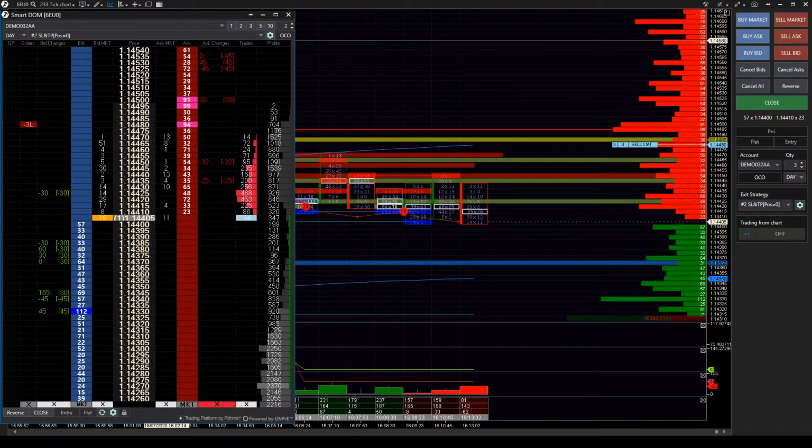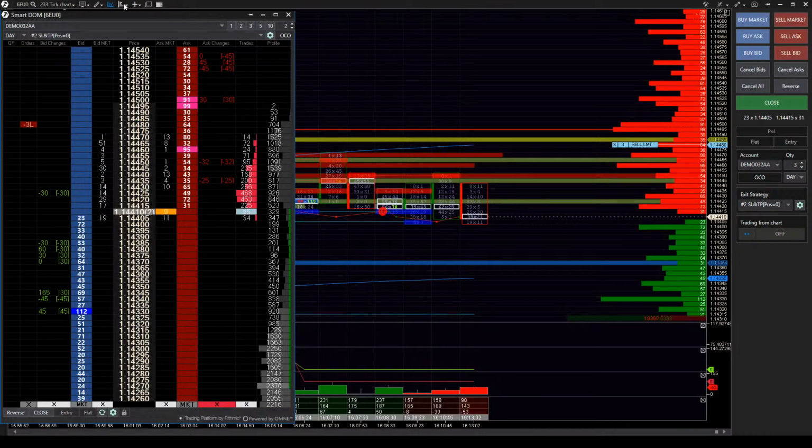But if you look at the top of the screen, you will find it, it's very simple to add. Go to the top, and you will find an icon that looks like horizontal bars. When you put your cursor over it, it says H volume, horizontal volume.